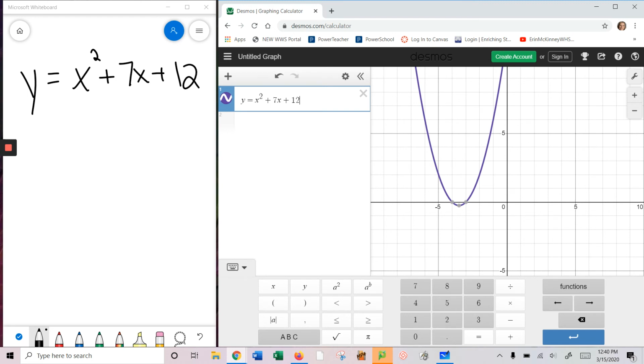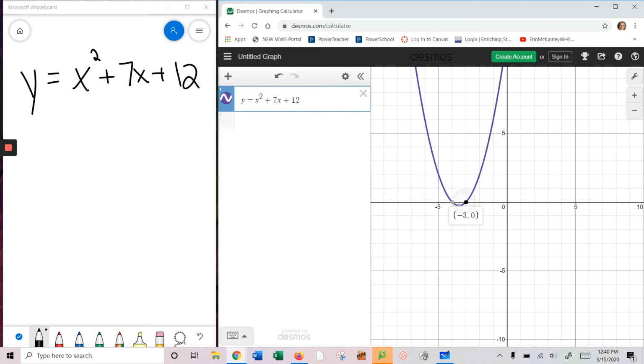Okay, and so my graph is created for me. And now I'm just looking to see where does this cross the x-axis. So I see that this is crossing the x-axis right here at this point, which is -3, 0. And I see that it is crossing right here at -4, 0. And again, I'm just writing down the x values. So my solutions for this would be -4 and -3. I have two values, x can equal -4 and x can equal -3.